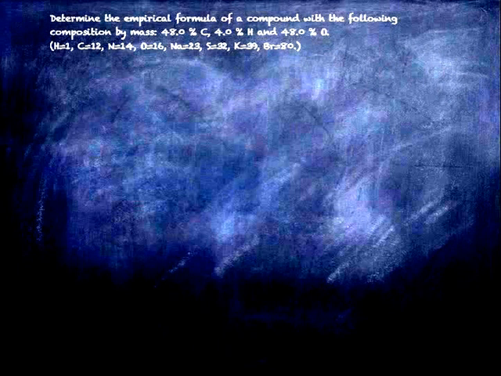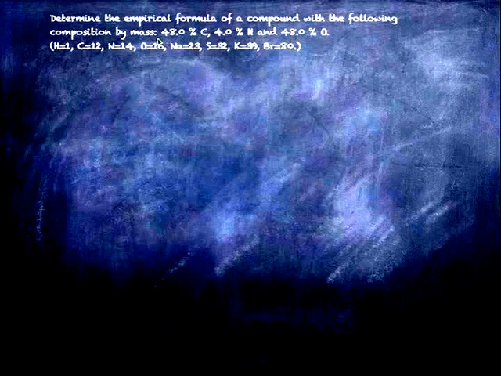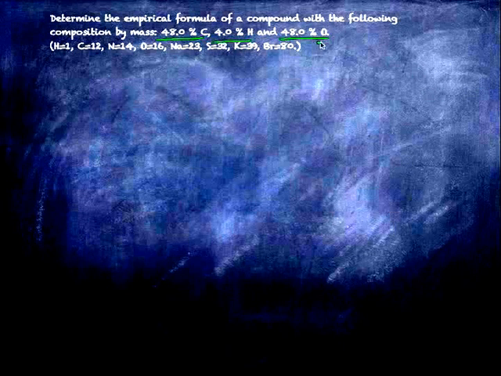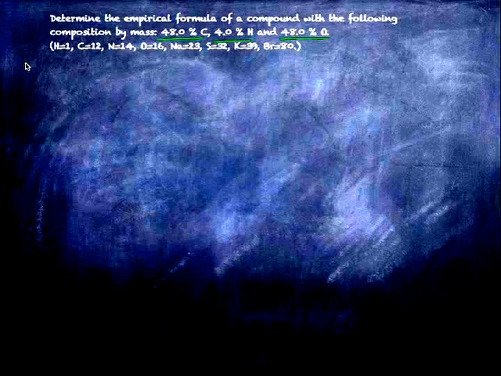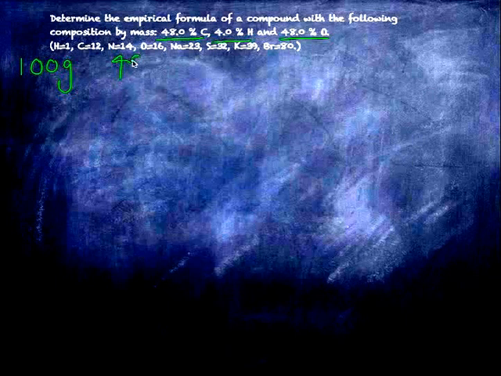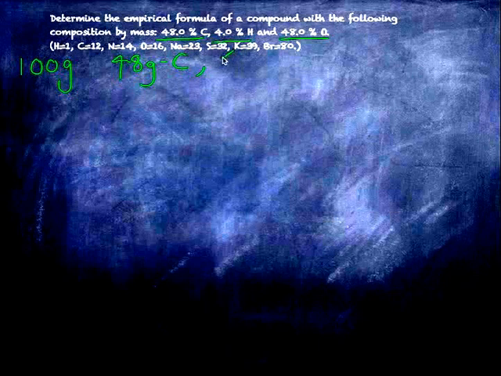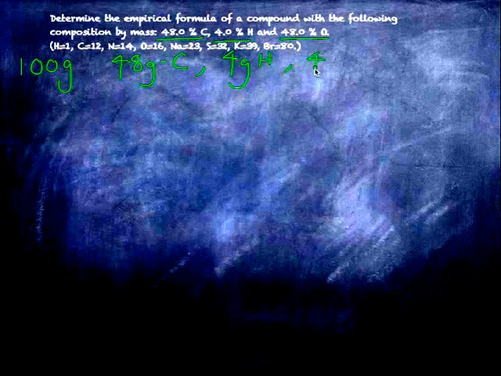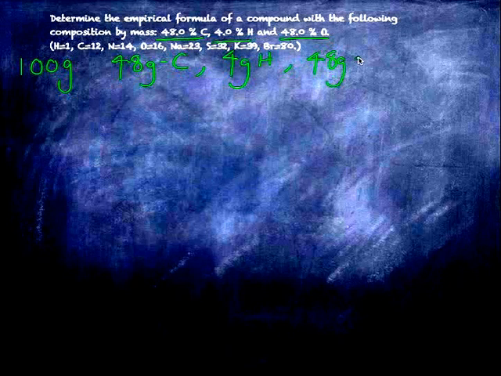So we have a compound here which is composed of 48% carbon, 4% hydrogen, 48% oxygen. Now, don't stress about that, because all you have to assume is that if you had 100 grams of this particular compound, 48 grams will be carbon, 4 grams will be hydrogen, and 48 grams will be oxygen.